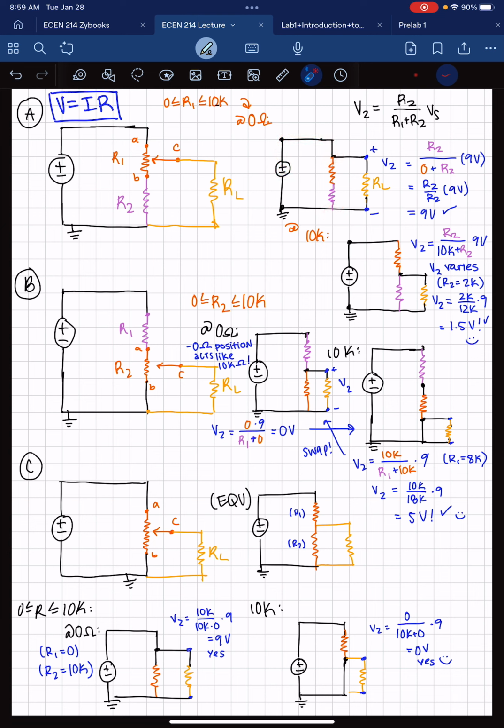And one thing really important about voltage dividers, it's what we were doing in the lab, is that they don't work if your load resistance is too small, because these equations are literally just Ohm's law rearranged, and it's saying that the load resistance is large enough that you can pretend these are in series. It'll probably be a little confusing to look at this and say there's no voltage drop across this resistor.